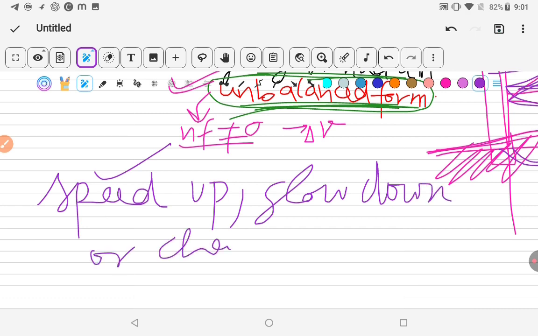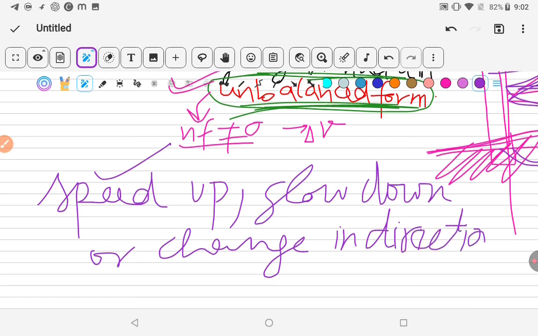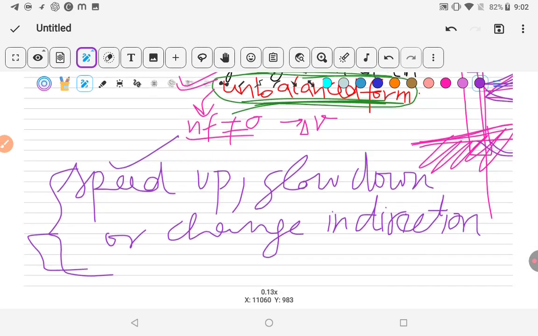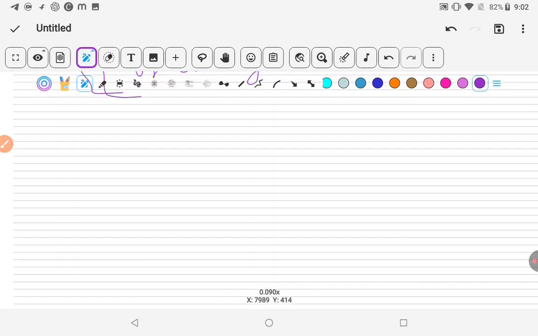Together, these all are changing the velocity of the body, right? Something like that.